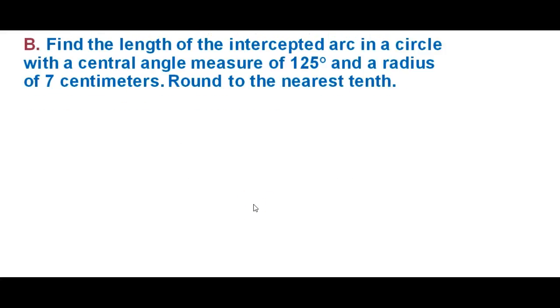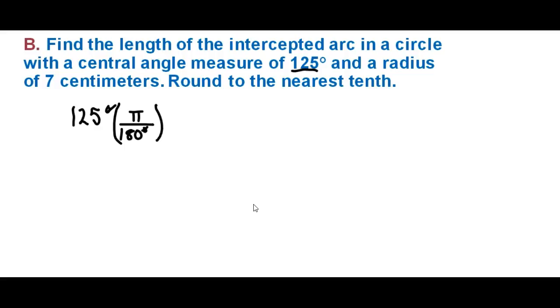So for our second example, it's the same idea. And we now notice our angle is not given to us in radians, so we'll have to convert it first. So 125 degrees, again, we can use our conversion factor from earlier. Pi radians is equal to 180 degrees.